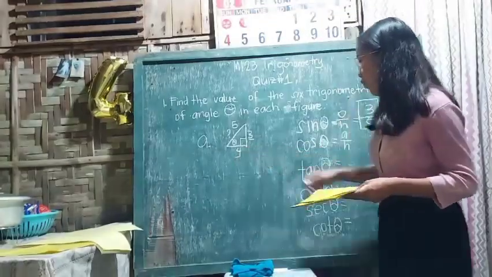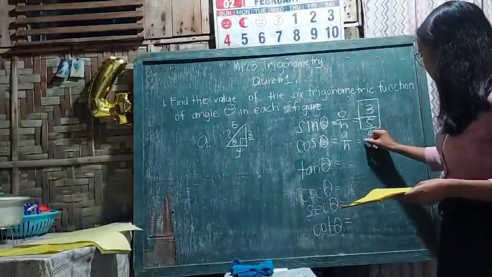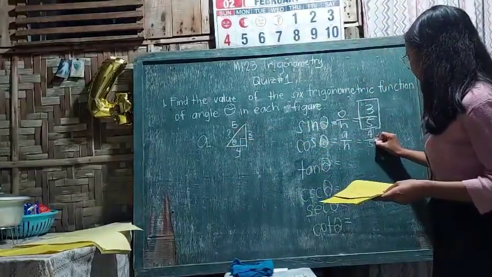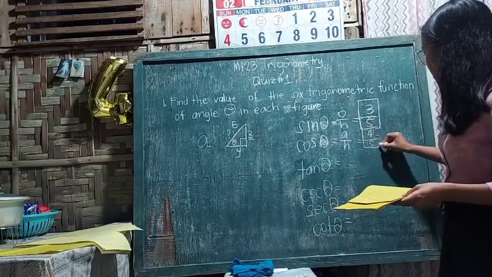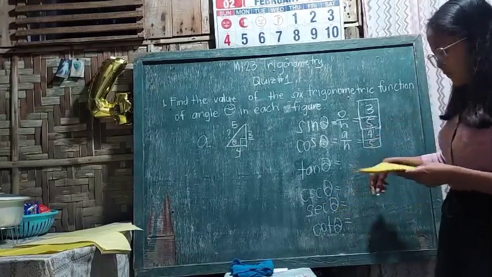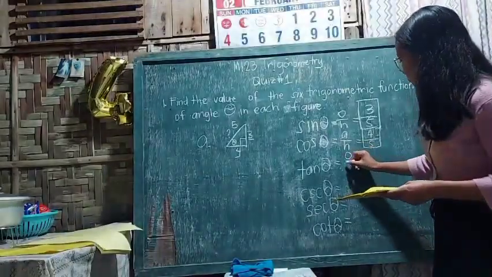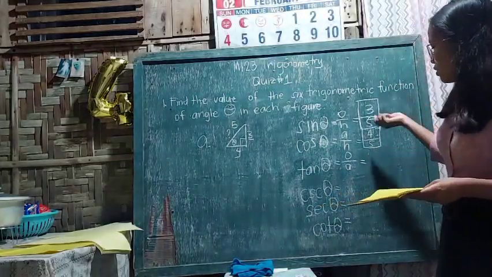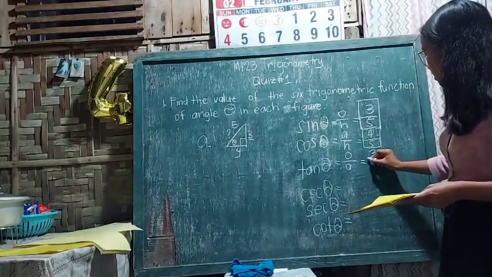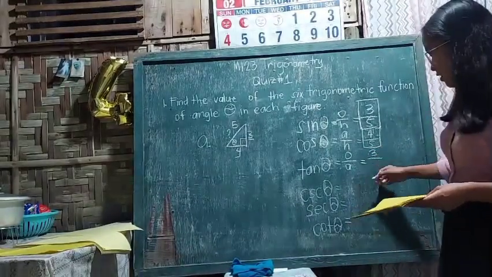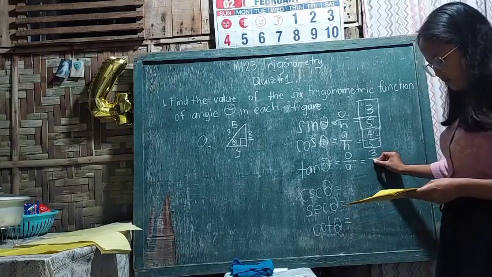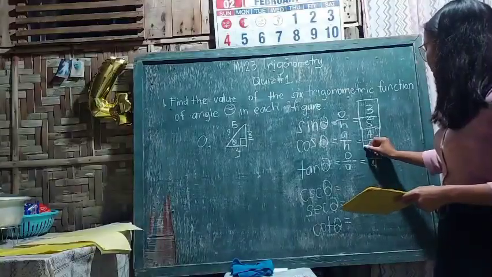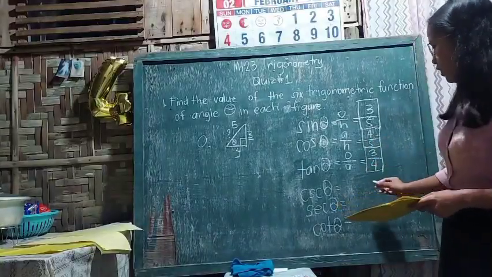So our adjacent is 4 and our hypotenuse is 5. So our cosine is 4/5. Now tangent is equal to opposite over adjacent. So the opposite is 3 and our adjacent is 4. Our tangent theta is 3/4.